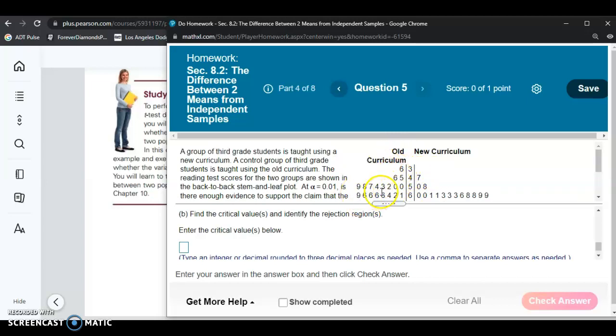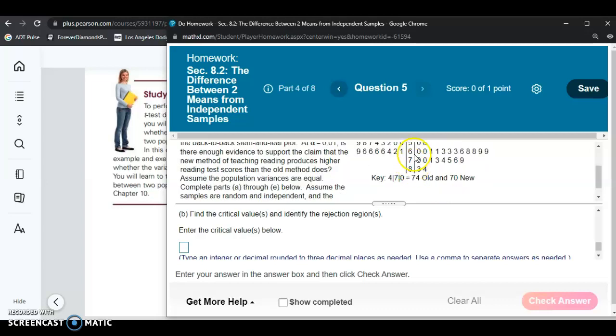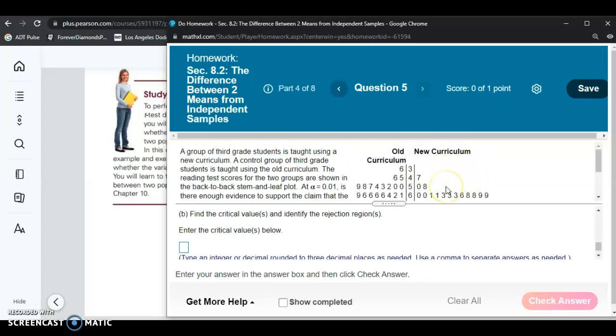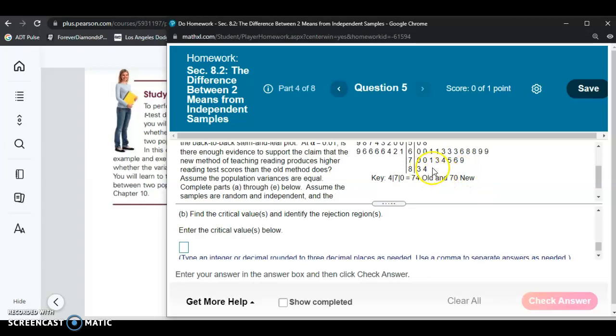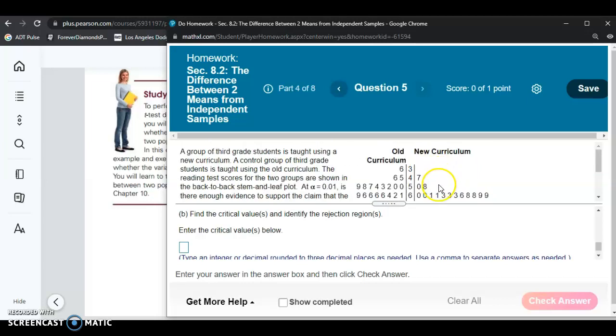If you count the number of numbers on this side, that's the size of the first sample. Likewise, if you count the number of numbers on the right-hand side, not including the stems in the middle, those are the students in the sample who were exposed to the new curriculum. If you count carefully, we'll get the sample size for the second sample.